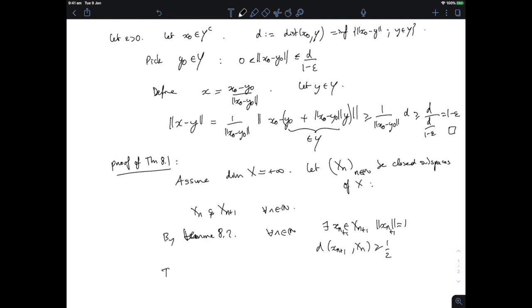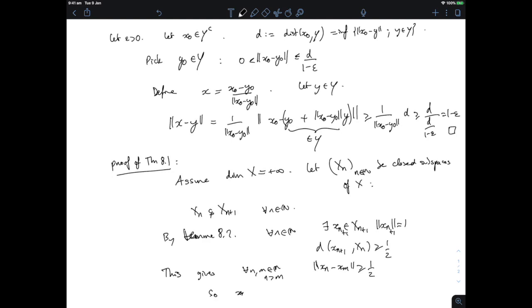But now this gives a sequence such that for all n and m in N, xn minus xm is always at least 1/2, right? Because xn and xm, when n is not equal to m, live in different subspaces, and the distance of xn to any of the previous subspaces is at least 1/2.